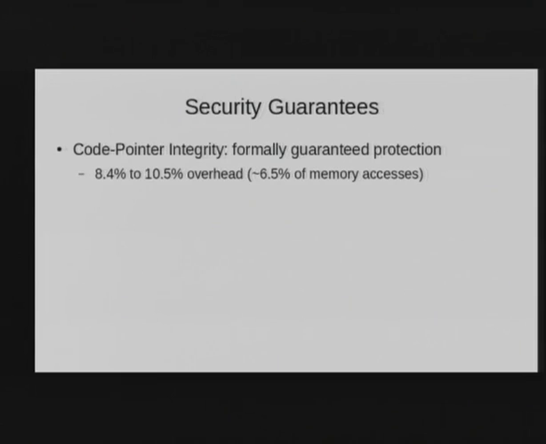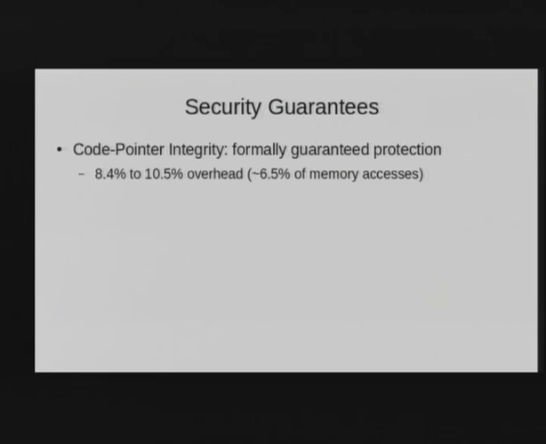So the code pointers can never be modified by a memory safety violation using this approach. This results in 8.4% overhead for SPEC and 10.5% overhead for the Phoronix benchmarks. And we are protecting roughly 6.5% of all the memory accesses.